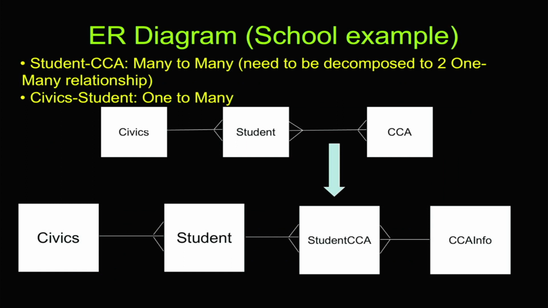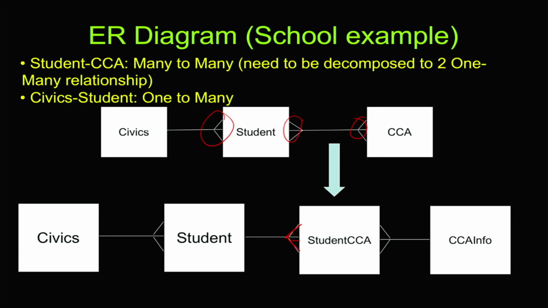So let's look at how we can break this down. We have started to draw the ER diagram for all of them. Right now you see that student to civics class is a one to many relationship over here. And then student and CCA is a many to many relationship, but we need to break it down to one to many relationships. So a student can have multiple CCAs. He can have multiple entries inside the student CCA table.